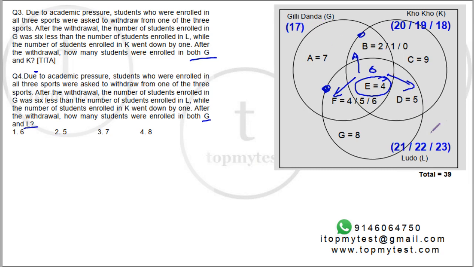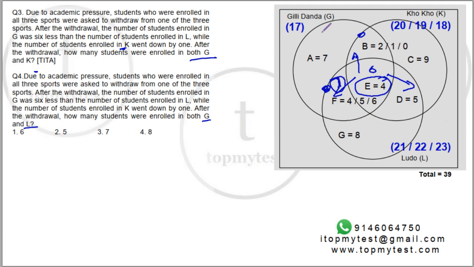Now, if you look at the difference, we know the number of students enrolled in K went down by 1. Kho-Kho went down by 1, which means one person moved here. So we need to figure out the other 3.